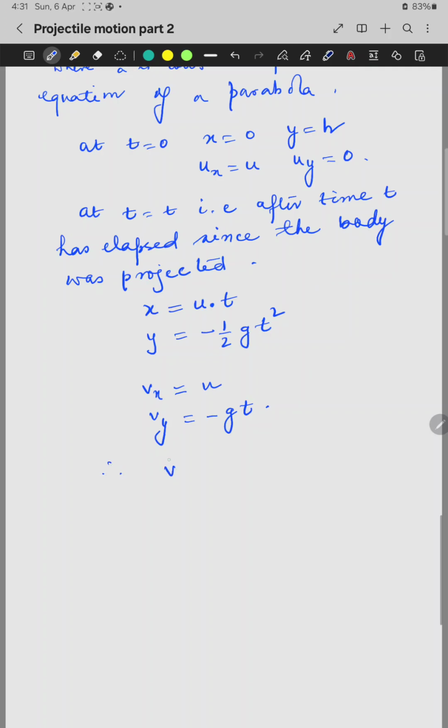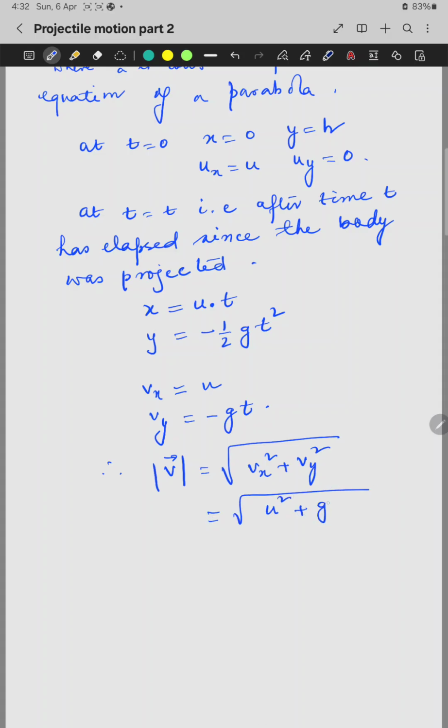Therefore, V will be given by under root Vx square plus Vy square, that is u square plus g square t square.